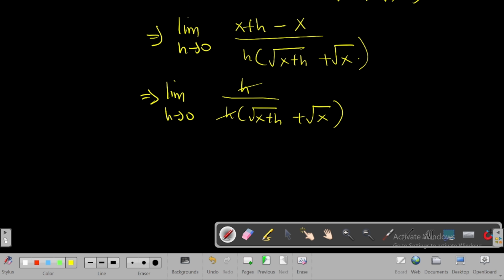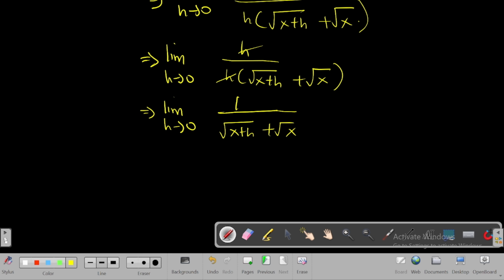So from here you get limit as h approaches 0 of 1 over the square root of x plus h plus the square root of x. Now wherever you see h, you put 0, right?